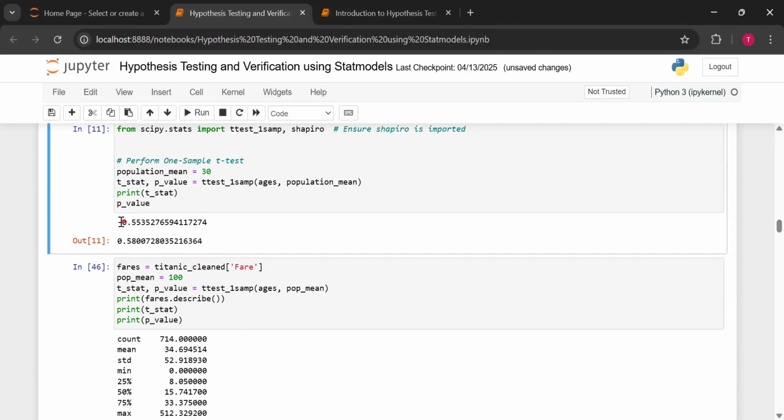This is the t-value that we saw. Normally, this is what you take and put on a table and interpret. For instance, the mean of the sample was 29 years and we compared it against this. You talk about the mean difference, and then you compare whether it is significant or insignificant. That's how you interpret the results.